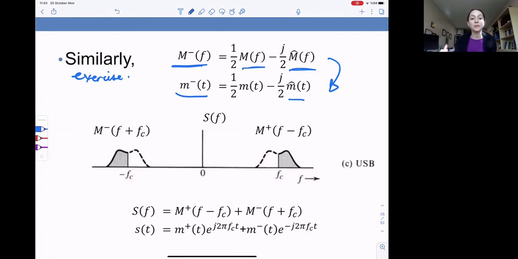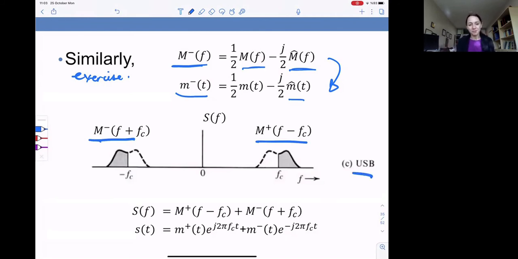Clearly, because their spectra are very uneven. Okay. Now, when we put the spectra of m minus and m plus together, translated to Fc and minus Fc, suddenly we have our upper sideband.